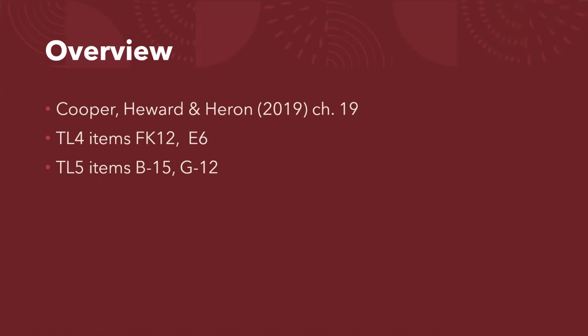So big difference, and that's why we're teaching this. For those of you taking or about to test for task list 4, this will be your FK12 and your E6. And for task list 5, it will be your B15 and G12. All right, so I'm going to start by doing a small exercise with you.